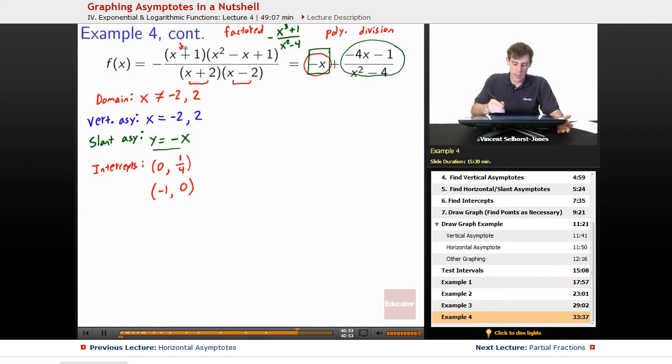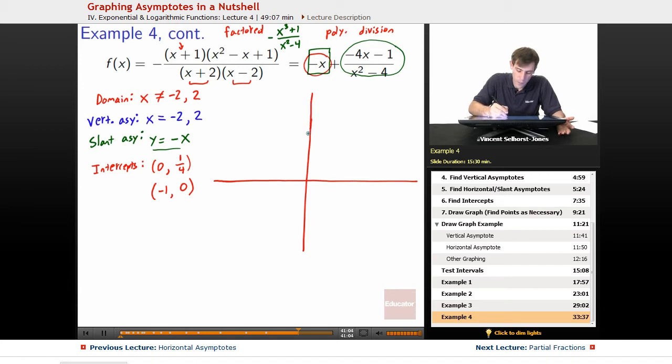So let's draw this thing in, as it's going to be a beast to work with. Okay, so I'm counting out 1, 2, 3, 4, 5, 6, 7, 8 in each direction on the axes.